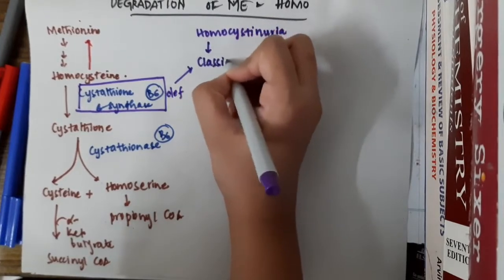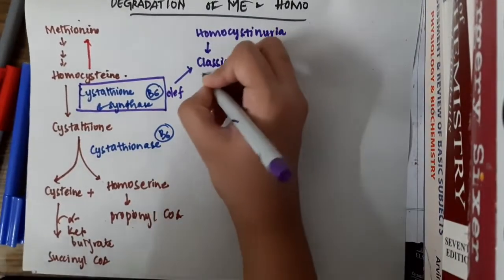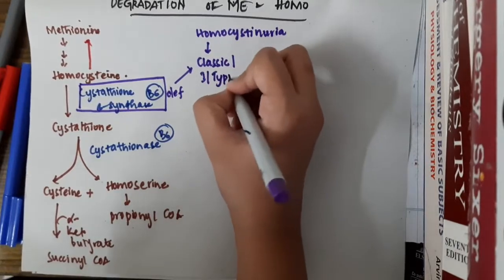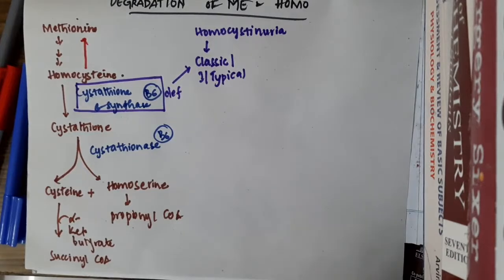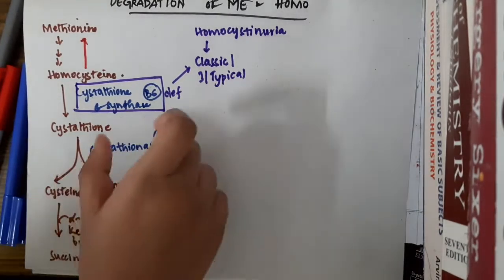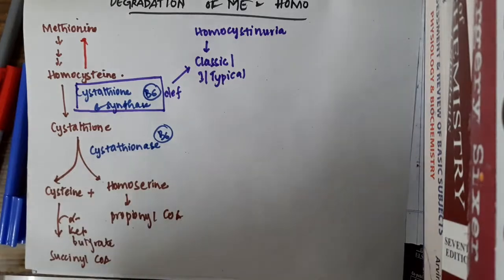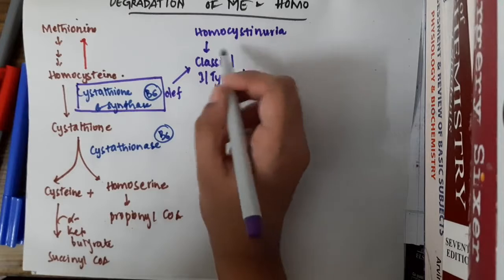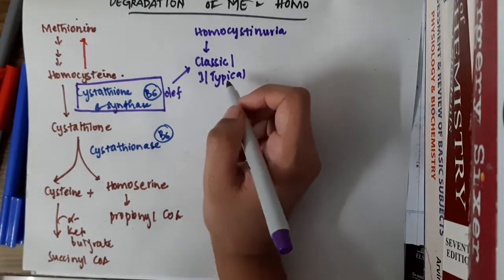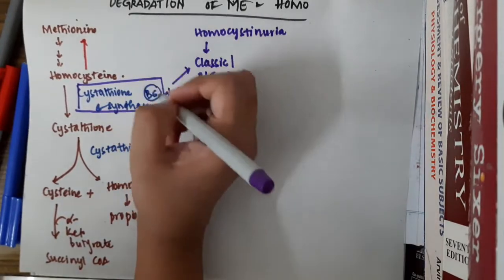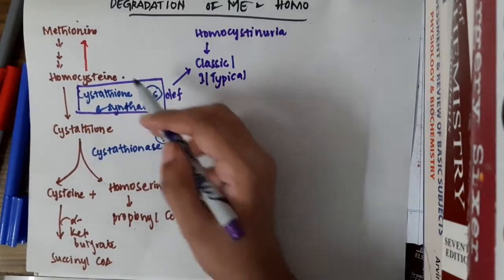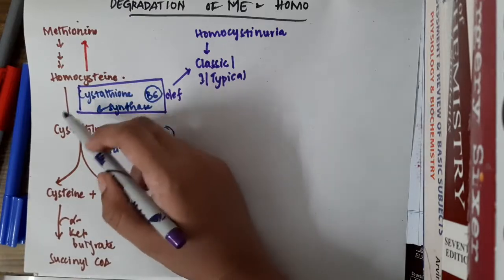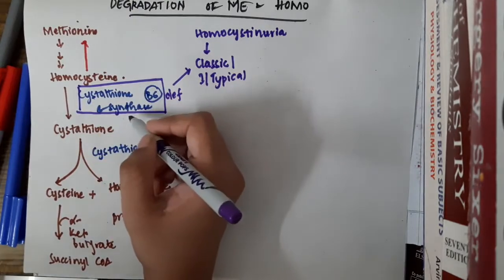Actually, classic homocystinuria, or type 1 or typical homocystinuria, occurs due to the deficiency of cystathionine beta synthase, and here vitamin B6 is a cofactor. Whenever there is classic homocystinuria due to cystathionine beta synthase deficiency, homocysteine cannot be converted to cystathionine.